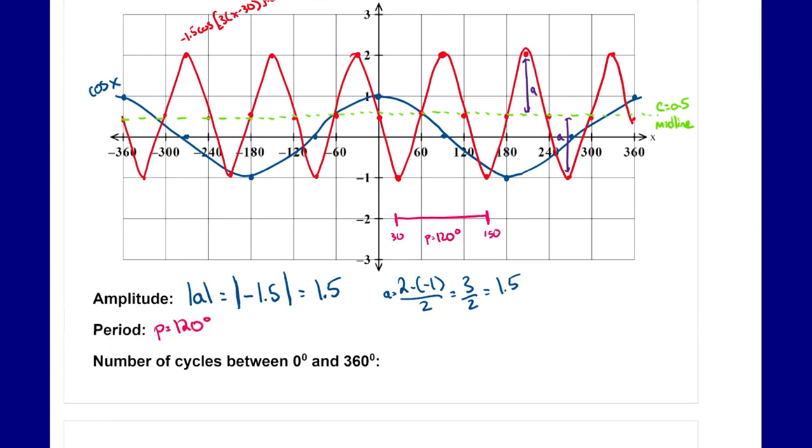I could also determine it algebraically because we had 360 divided by the absolute value of k. K in this case is 3. So 360 divided by 3 equals 120. So again, different ways we could determine it. If we wanted to graph it, we would be able to see it visually. If I didn't, I could also determine it algebraically.